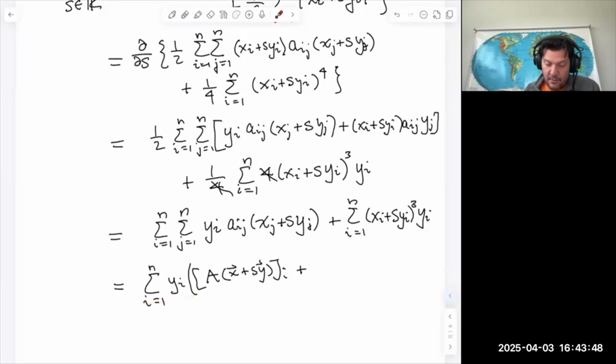And so what is left is this vector, x, let's see, we can write it like this, x plus s y. Actually, no, it's going to defy a simple writing. We're going to have to write it like this, (x_i plus s y_i) cubed.